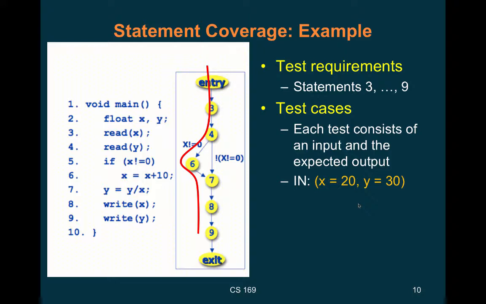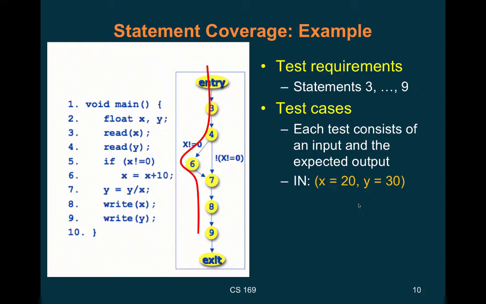However, let's look a little bit at this program, what it does, and where there may be a bug in this program. Can you spot the bug in this program? If X is 0, what happens? Divide by 0. If X is 0, you bypass this, you jump from 5 to 7, and you divide by 0. And that's probably not a good outcome.